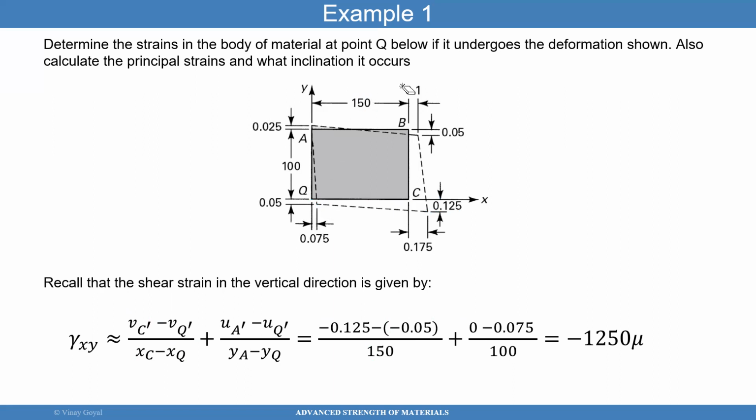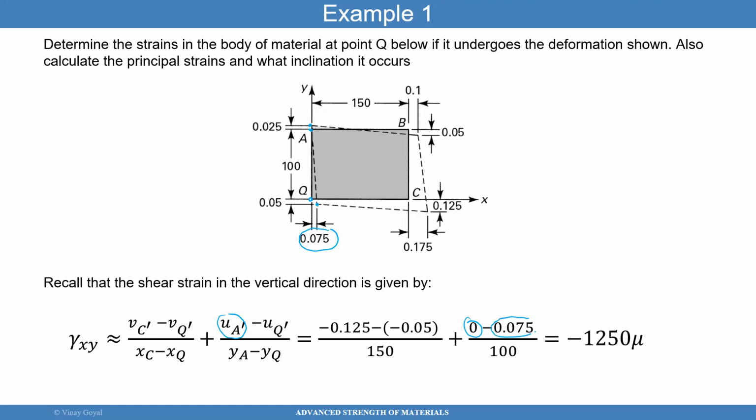Let's examine now UA prime. UA prime moved an amount 0. This point A did not move to the right at all. It stayed there in the horizontal direction. So that's 0. Point Q moved to the right an amount 0.075.